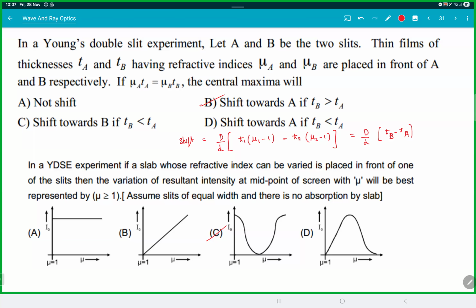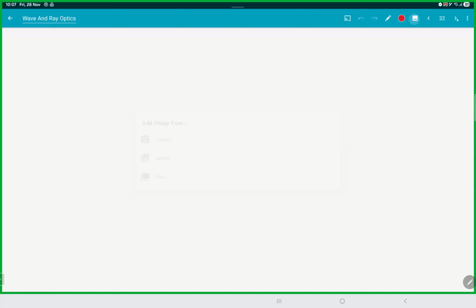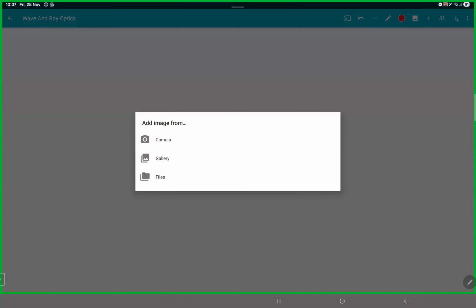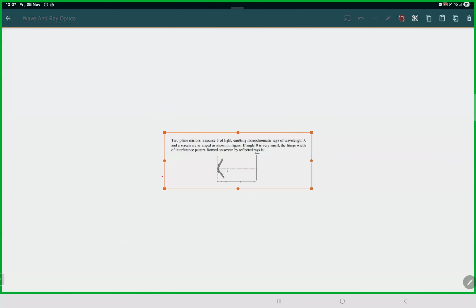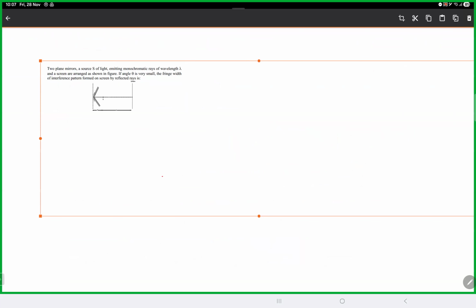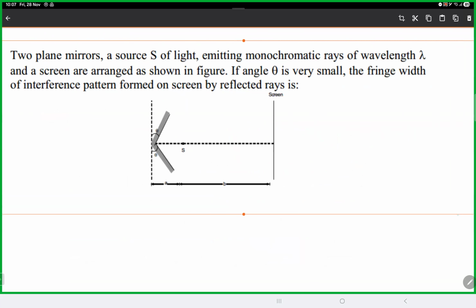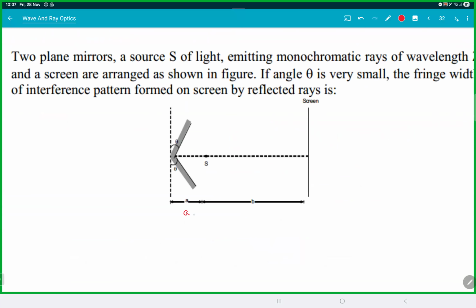These are really good mains level questions. Not too tough, but you need to think. There's nothing like just mugging up and giving the answer there. This is still a good one. Let's see how you will handle this. This is A, this is the source, and this is B. So they have two mirrors.